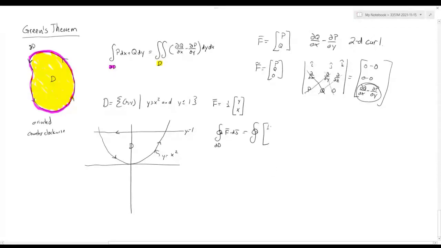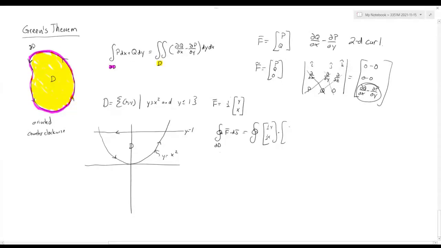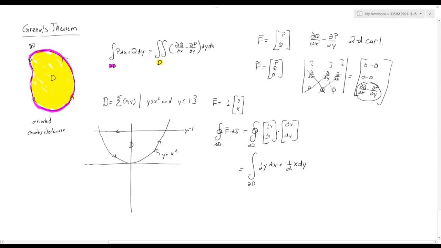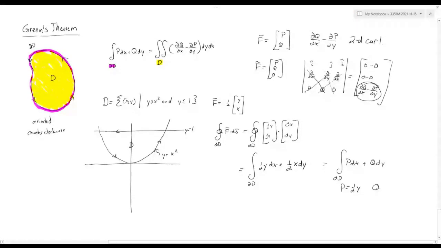So here's the vector field, here's ds. So you can recognize that this is the form P dx plus Q dy, where P is just the first component of our vector field, Q is the second component.